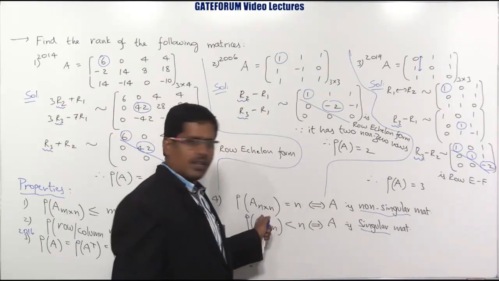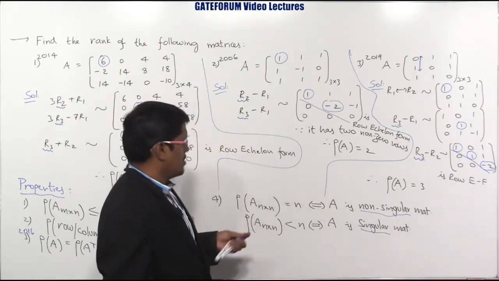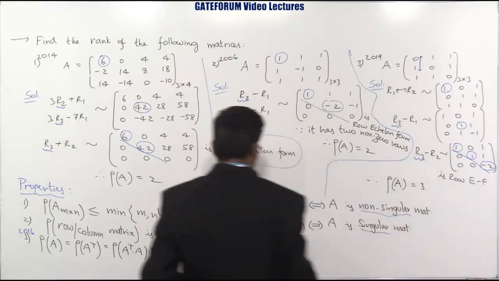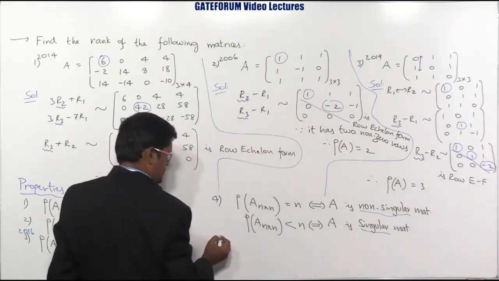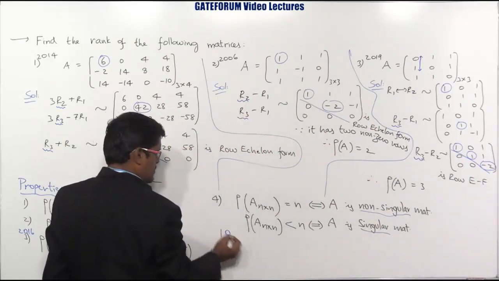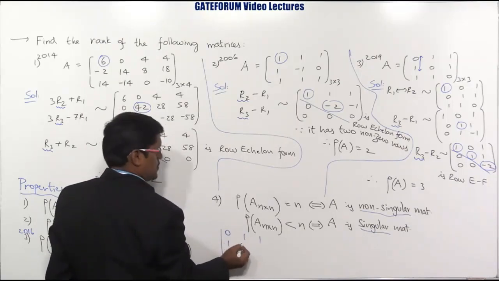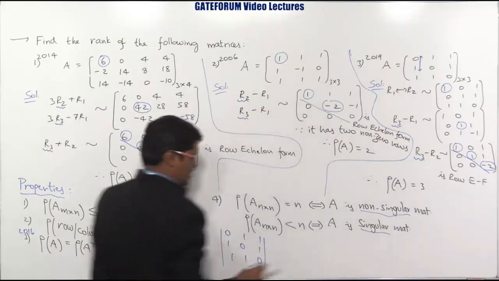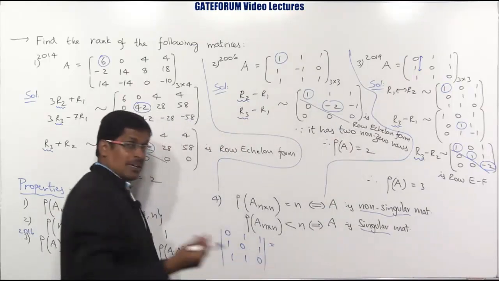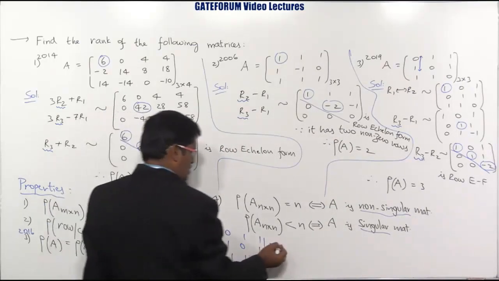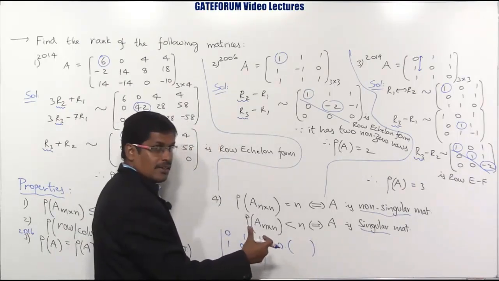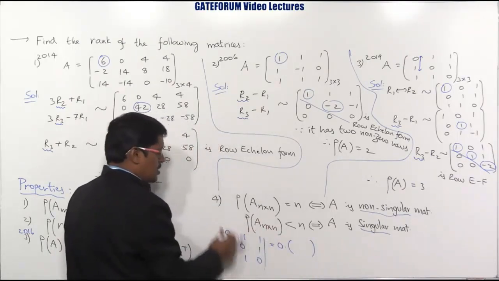N is called the order of the matrix A. For example, here in the third example, determinant of 0, 1, 1; 1, 0, 1; 1, 1, 0. I am finding the determinant for this matrix. A determinant can be expanded by any row or any column. The first one, 0 into the empty bracket, means nothing there, since 0 into anything is 0.